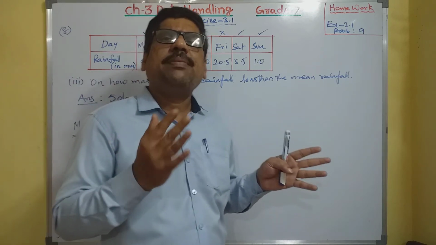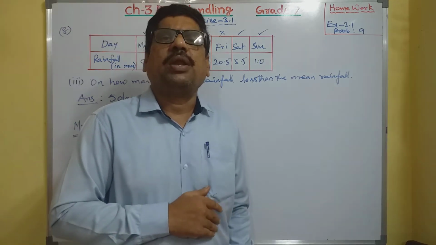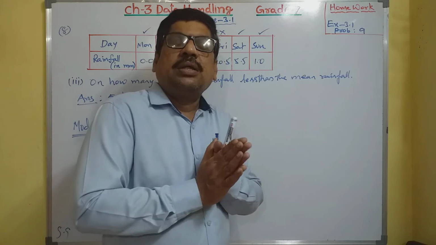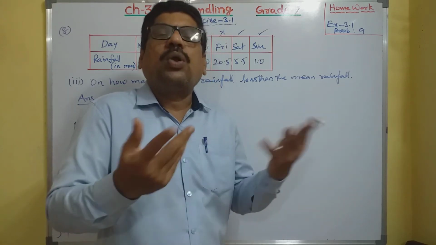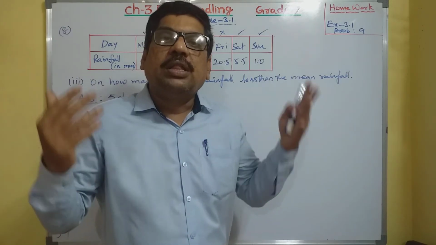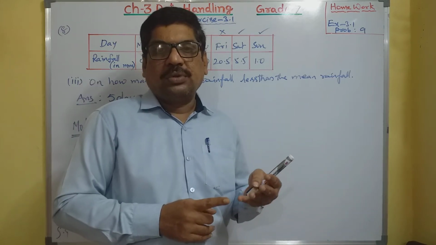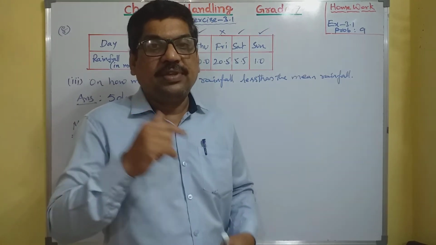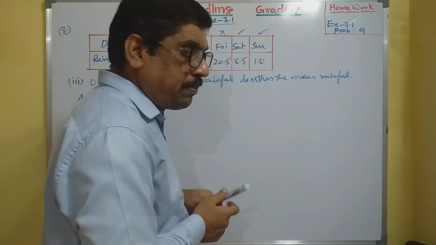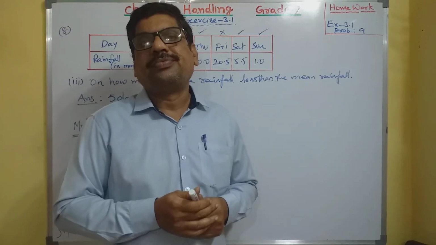They say they sell only 3 or 4 pairs monthly. When we compare with that, sizes 6 and 7 will be more in the shop. Why? Because such sizes are more common among people. That's why the mode of the size of the chappals is 6. So the number which occurs more frequently in any data is called the mode.